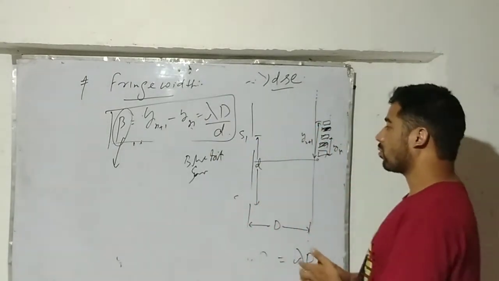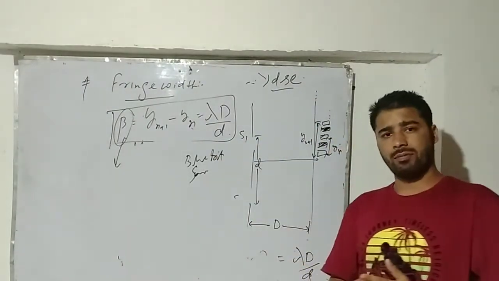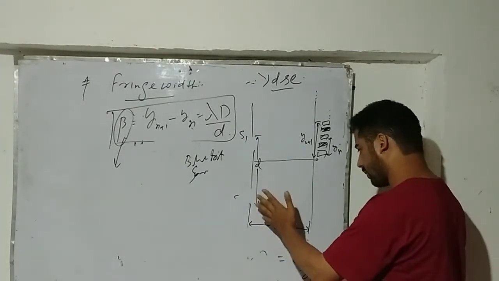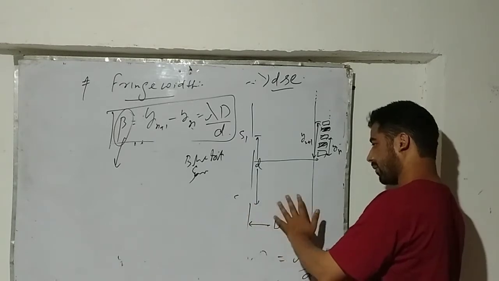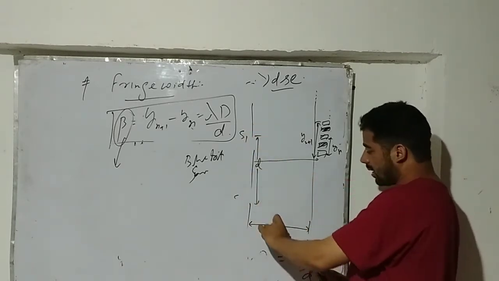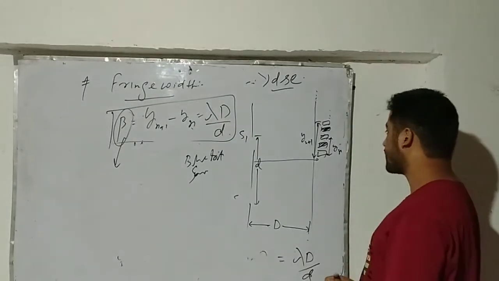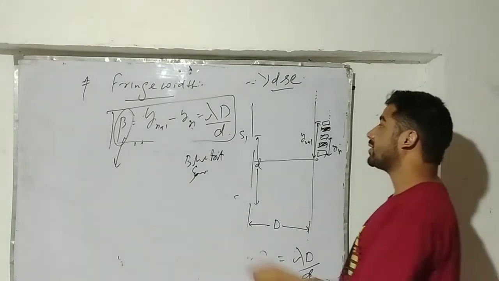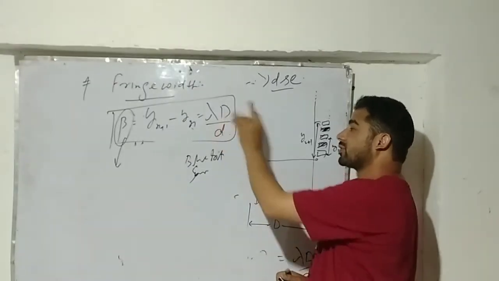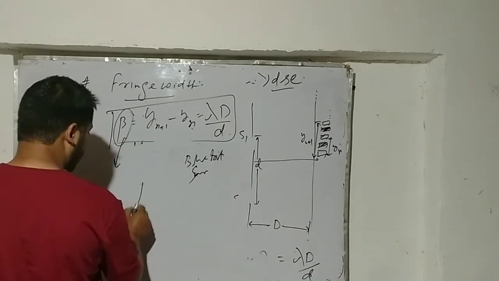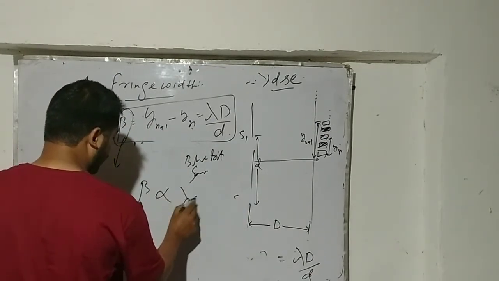When I replace one source of light with another, I am not changing anything else in the experiment, not the distance between the slits or the distance of the screen from the slits. So in both cases this ratio D over d is constant. When D over d is constant, the fringe width is simply proportional to the wavelength.